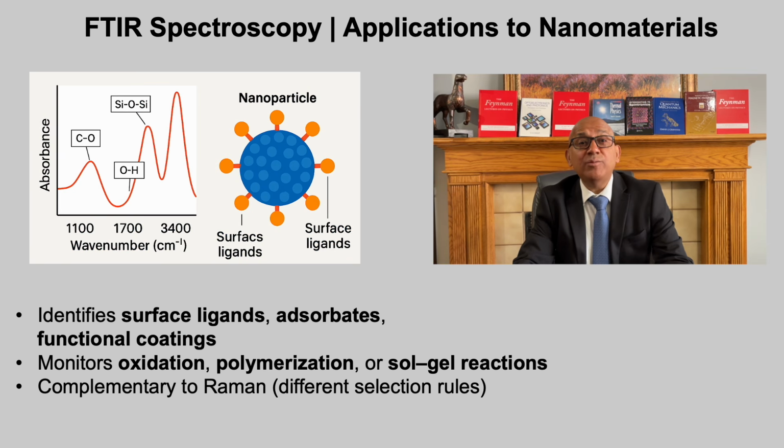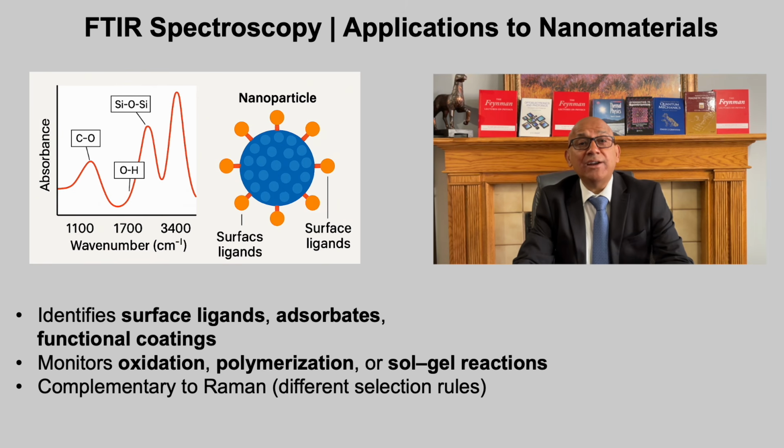FTIR becomes especially powerful for nanomaterials because their large surface area amplifies vibrational signatures from surface bonds. In oxide nanoparticles, IR spectra can track the evolution of Si-OH and Si-O-Si bands as sol-gel precursors condense.